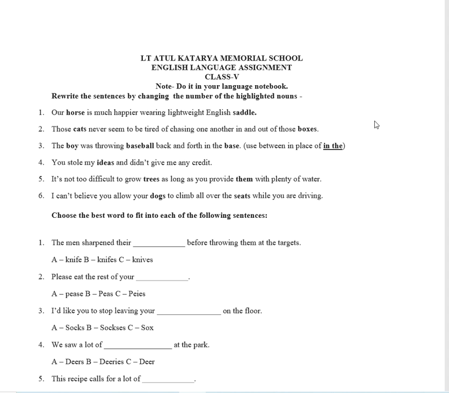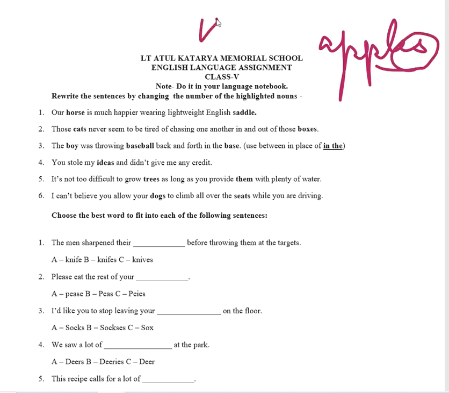So with the word apple, I am also changing this into these, because when I write apples, it becomes plural, because we are adding s. So can I say this apples? No, this is a singular word. So I cannot write this apples.